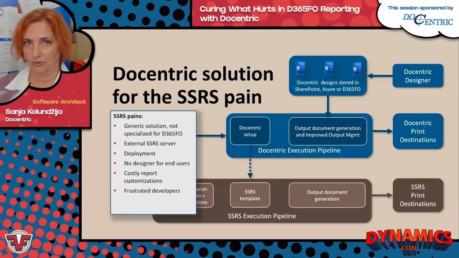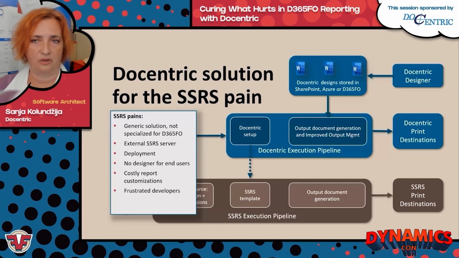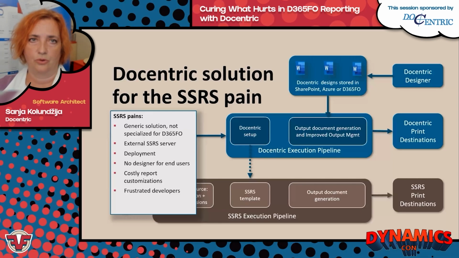Developers are almost out of the game. Obviously, this solution still requires developers for the first part, and that is the report data source. So when you need a new data source, a modification in the report data source, or some custom fields, developers are needed. But other than that, as it goes for the layout, developers are completely out of the picture, and that is a good thing both for clients, end users, and for the developers.